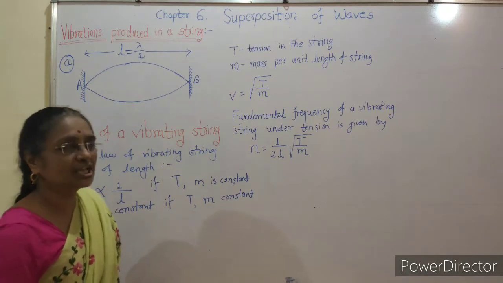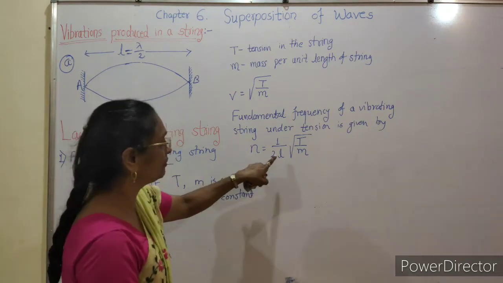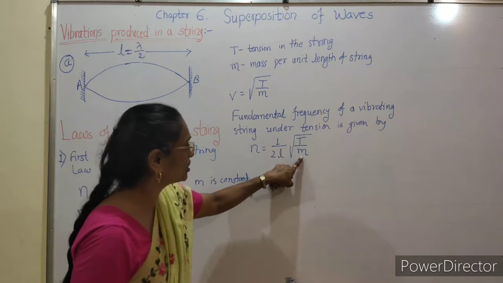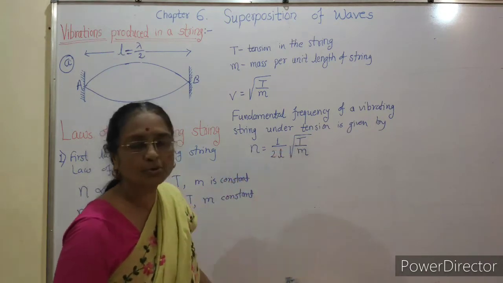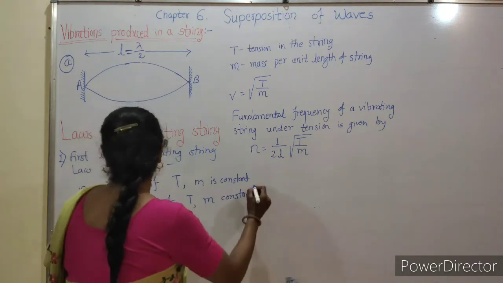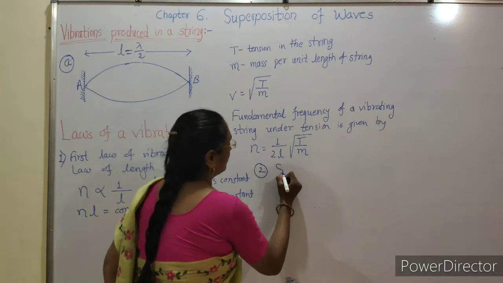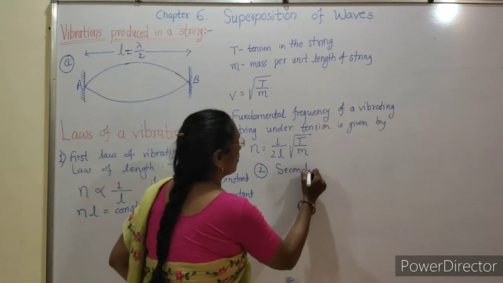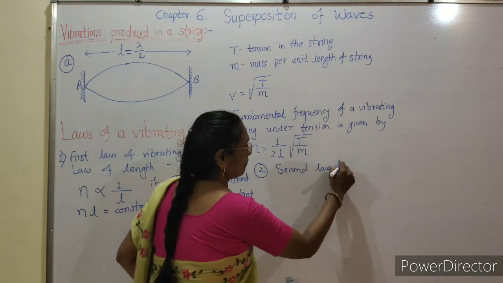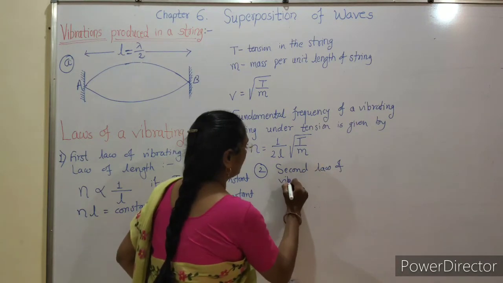Again we draw the second conclusion. If L and M are kept constant, then N is directly proportional to square root T. Here we can write the second law of vibrating string.